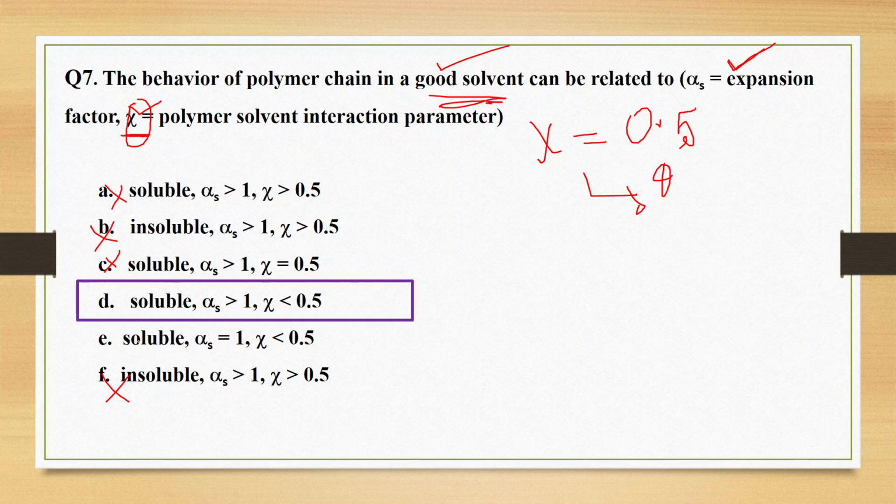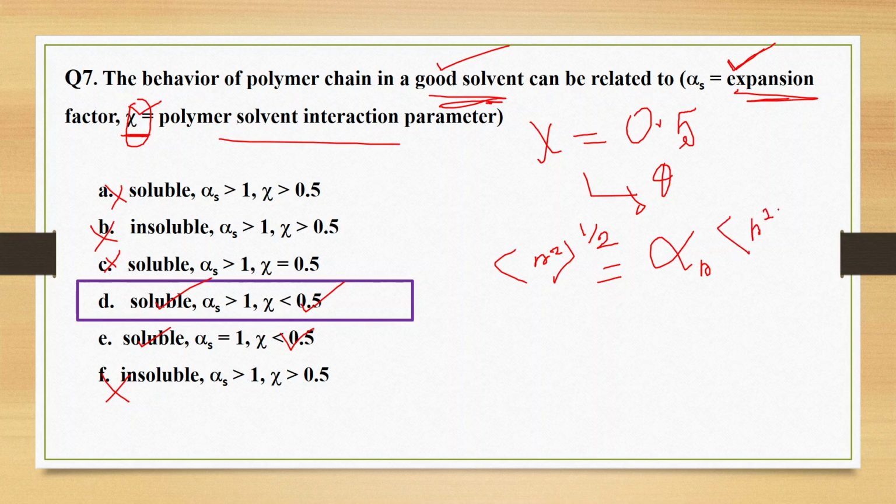Now we know that it is soluble, chi is less than 0.5, and the next part is the polymer expansion factor. What is the expansion factor? You already know that the root mean square value equals the expansion factor times the root mean square value of the unperturbed condition, right?